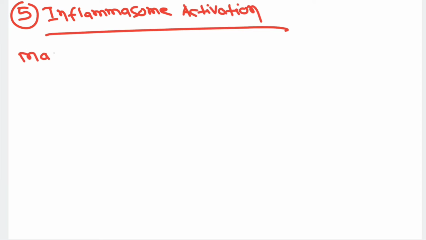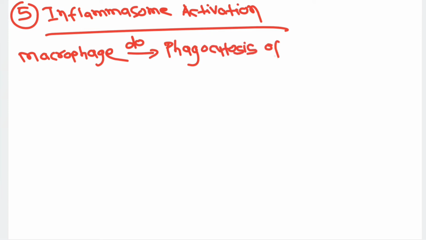The fifth factor for the development of pneumoconiosis is inflammasome activation. Now, what do you mean by inflammasome activation? So, friends, whenever there is a particle in the lung, the macrophage will do phagocytosis of that particular mineral dust. Certain particles will be ingested by macrophage for phagocytosis.